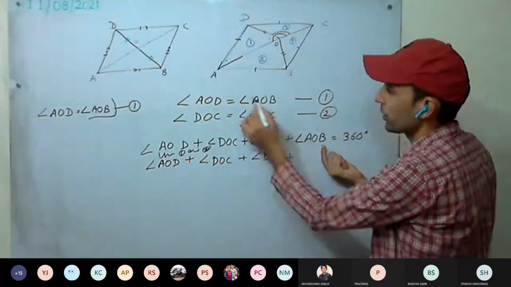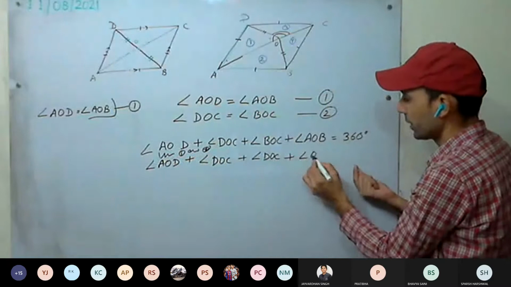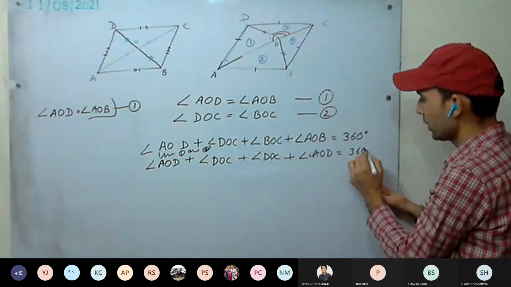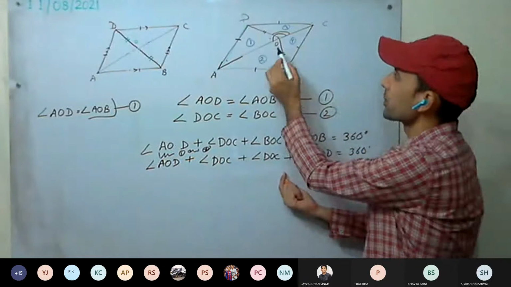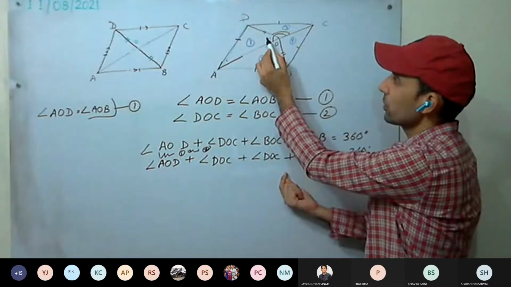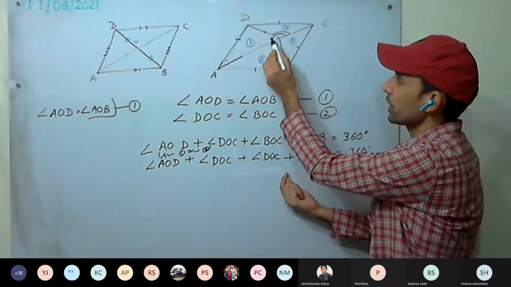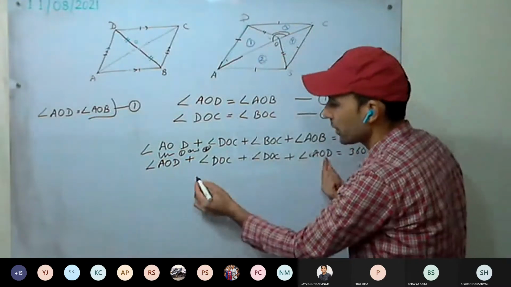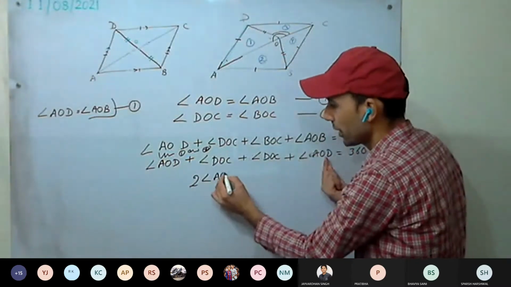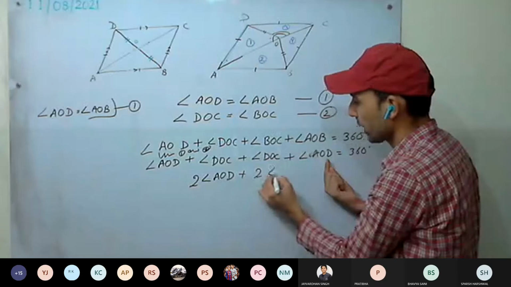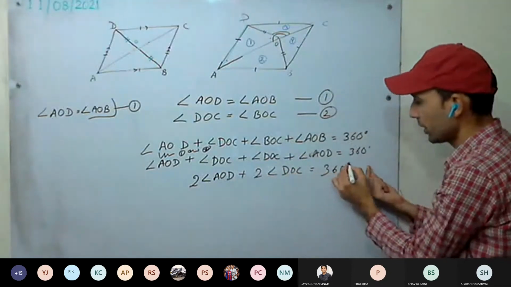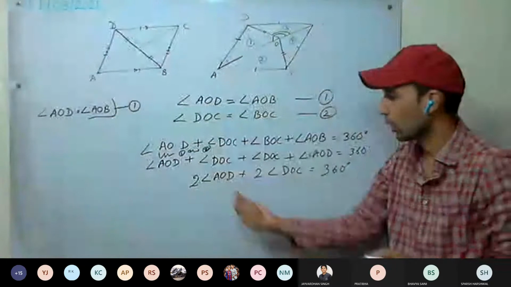Plus angle AOB, we can write angle AOD, equal to 360 degrees. What we did is take this angle in terms of this angle. Now, 2 angle AOD plus 2 angle DOC is 360 degrees. Take 2 common out.